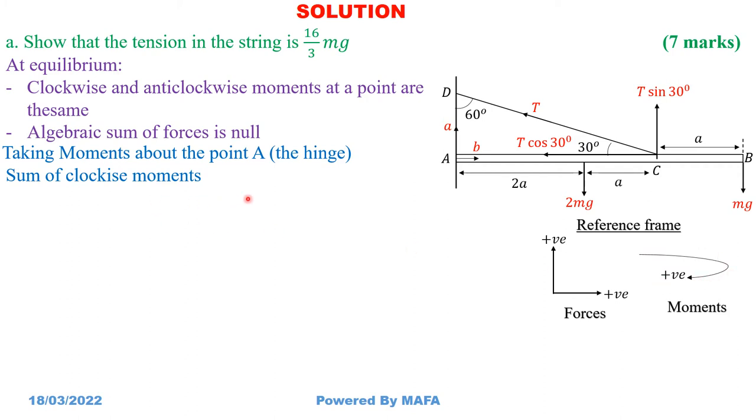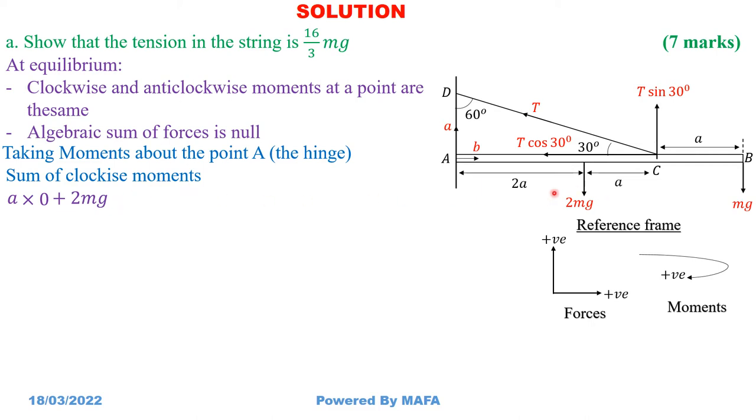The first force is the force A, which is acting at the hinge where we are taking our moment. So its perpendicular distance is 0, because it is acting at that point. So we have A times 0.